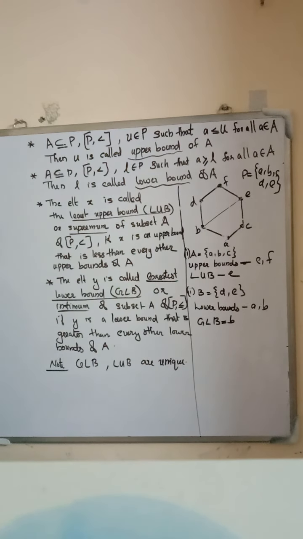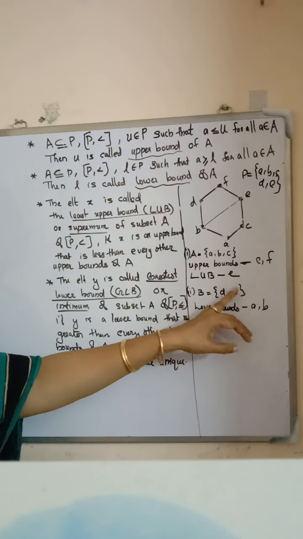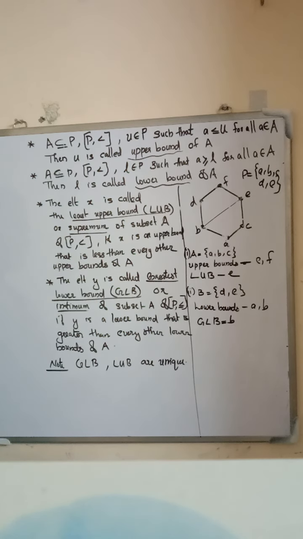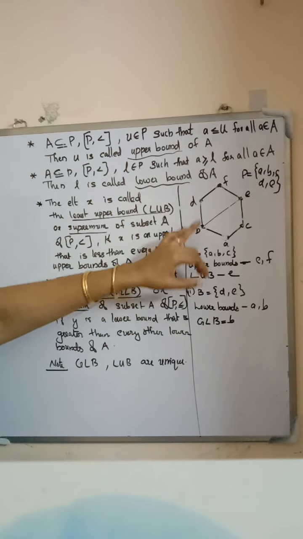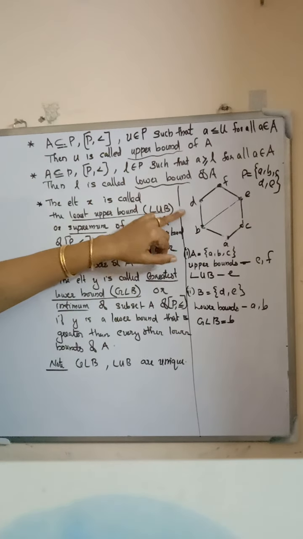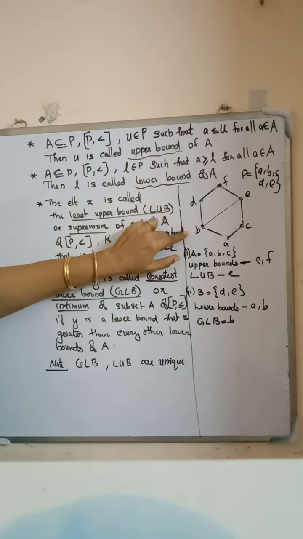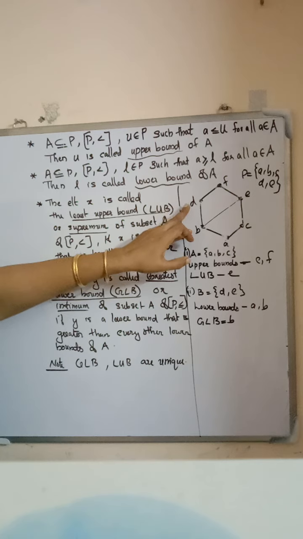Then we want to find the lower bound of the set B. To find the lower bound, we find which elements in P are less than or equal to both D and E. Is B less than D and E? Yes, definitely. B is a predecessor of D, or D is a successor of B, or B is less than D.